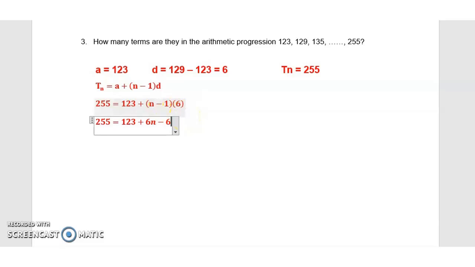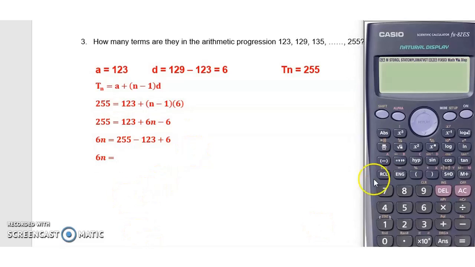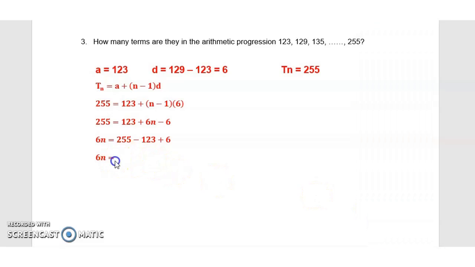Okay, now make n the subject. 6n equal to 255 minus 123 plus 6. So 6n equal to 255 minus 123 plus 6, which is 138.